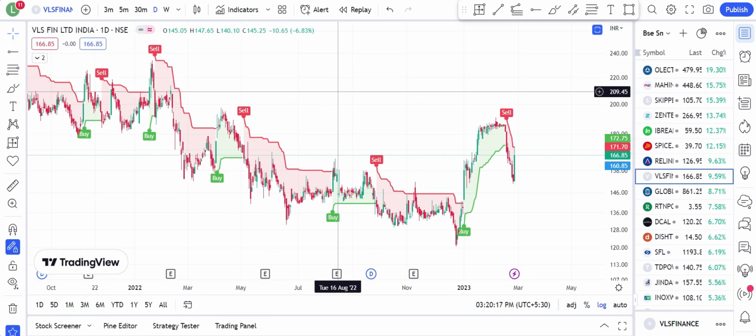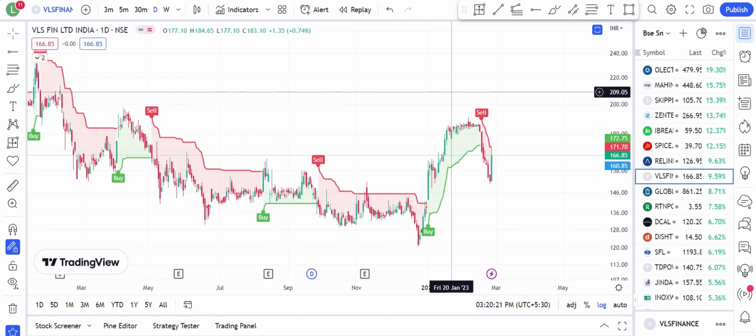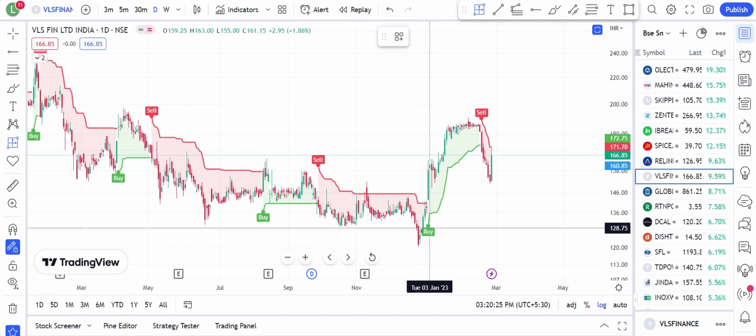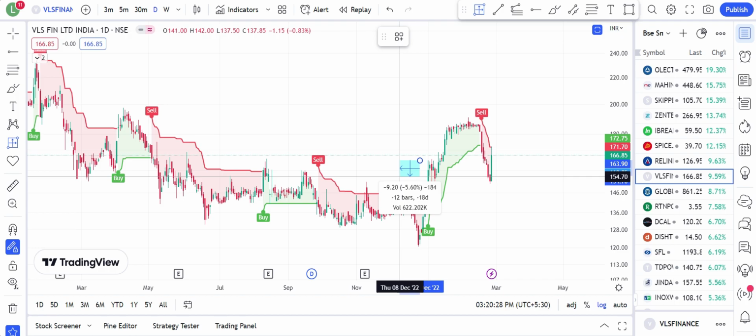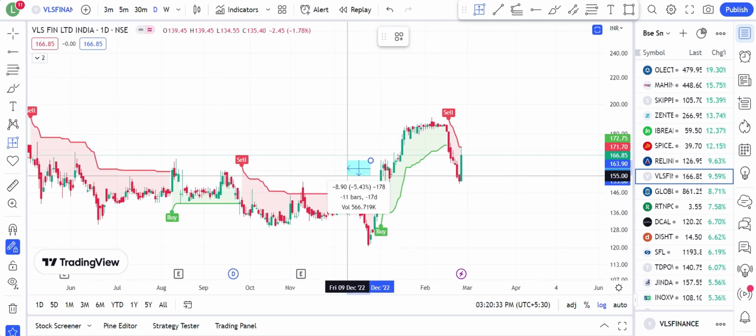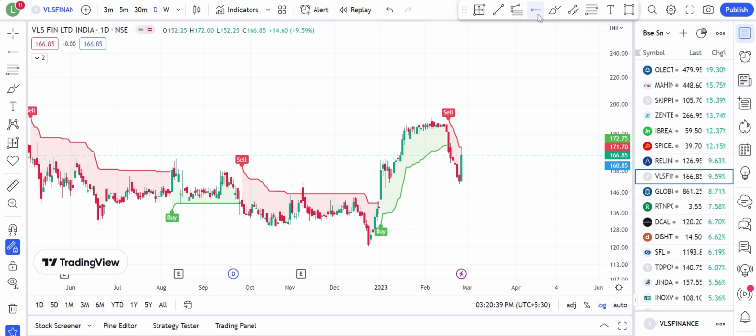VLS Finance. Do you know what this company does? No, I don't know. I never heard of this stock. But how do you trade into that? Buy signal here, and if you put the stop loss here, watching this inside bar, then I think this will be a losing trade. No problem. It's okay. It will be a losing trade.